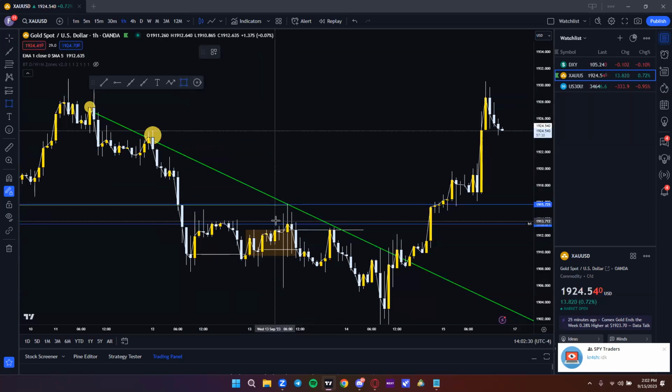again, kind of sounds like repetitive stuff, but I guess the more you get it into your subconscious, then these are the things that you're going to look for. It's going to be a full-bodied candle.